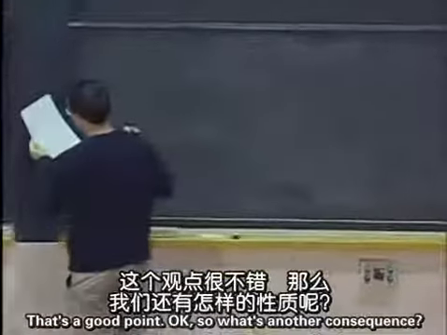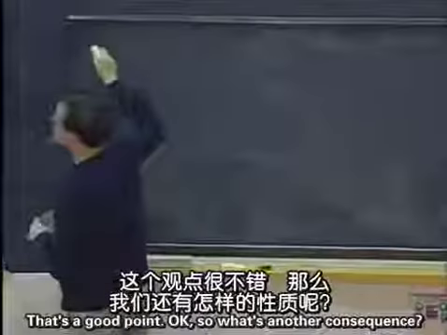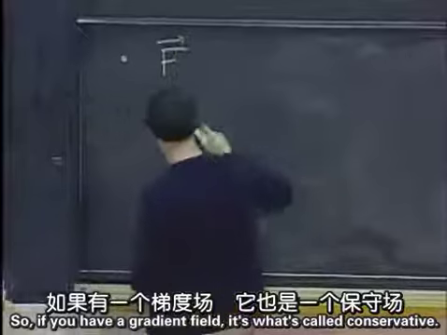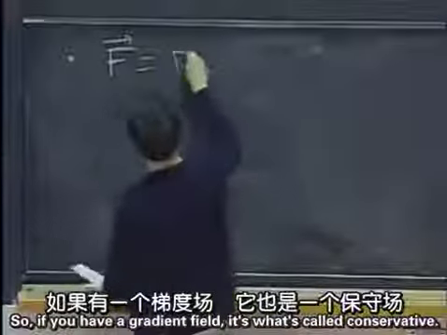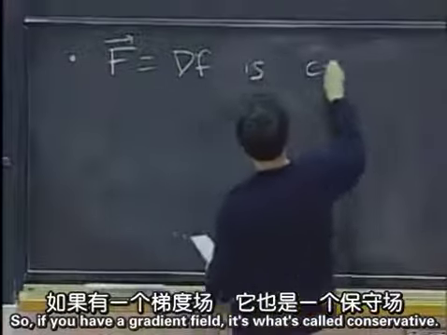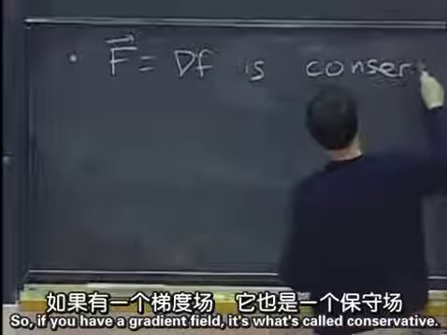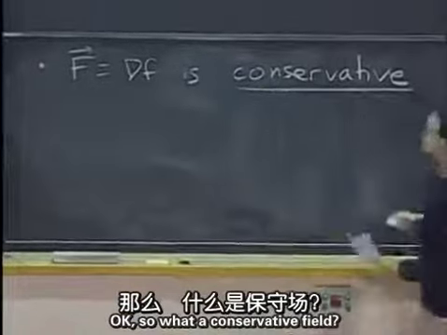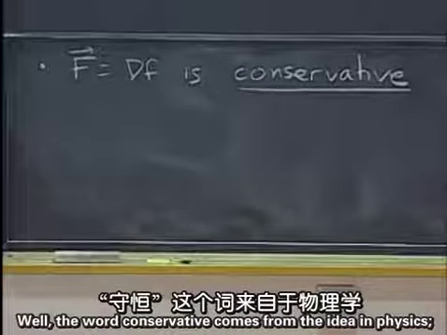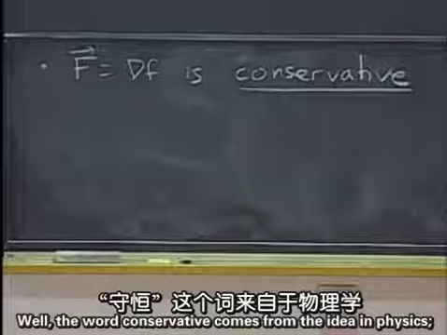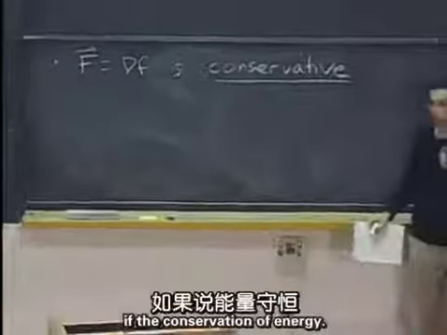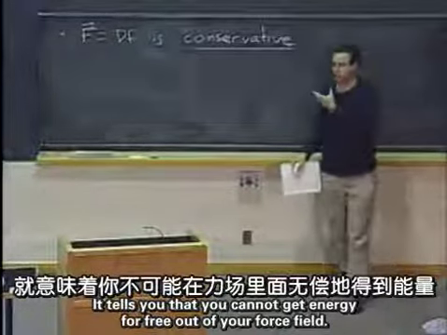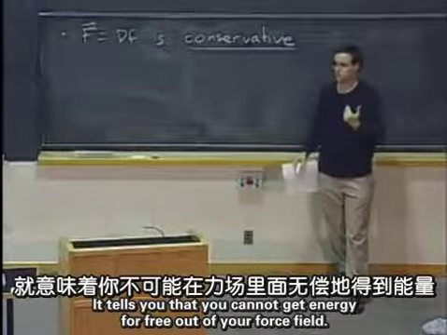Okay. So what's another consequence? If you have a gradient field, it's what's called conservative. Okay, so what's a conservative field? Well, the word conservative comes from the idea in physics of conservation of energy. It tells you that you cannot get energy for free out of your force field.